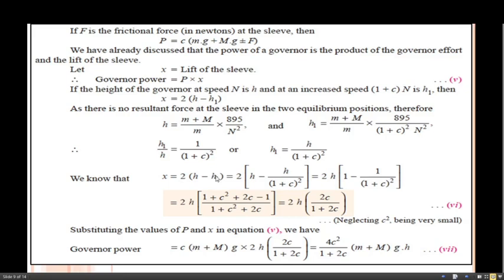So replace this h1 term by this term: 2 into (h minus h divided by (1 plus c) whole square).